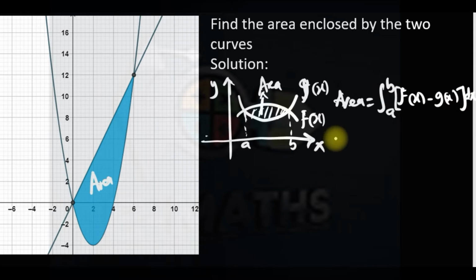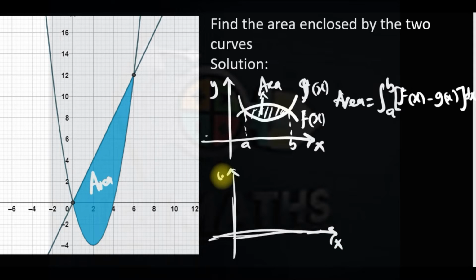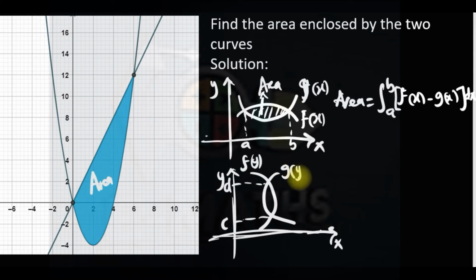So that's the formula. But if it is with respect to the y-axis, maybe if you have these two functions, with the points of intersection from c to d, the right one is f of y, while this is g of y.